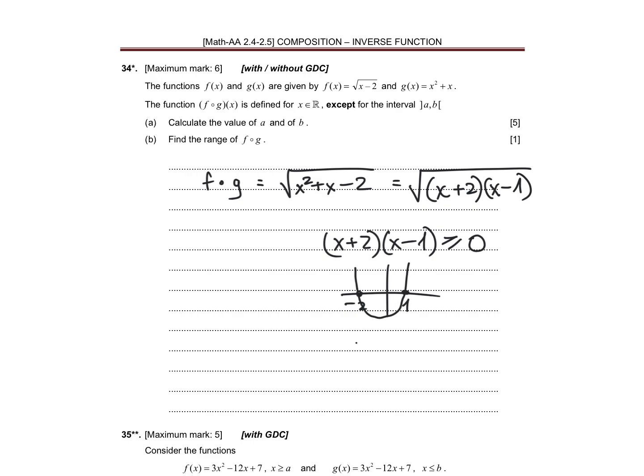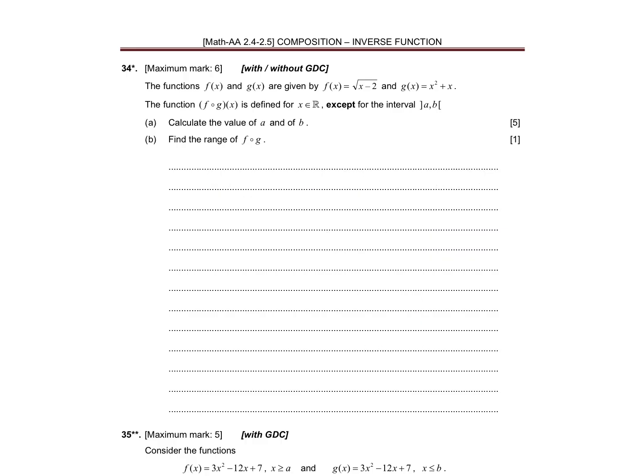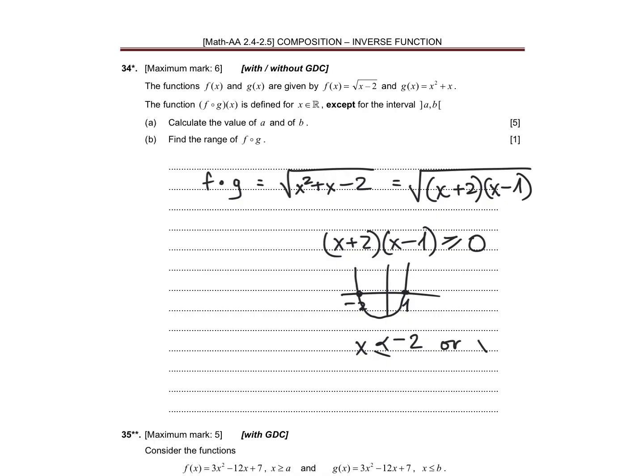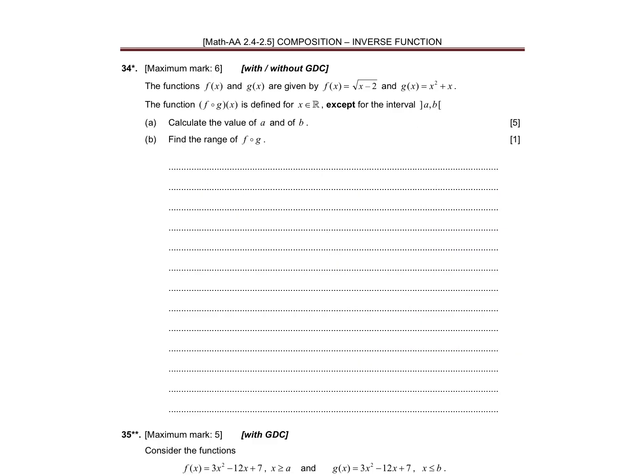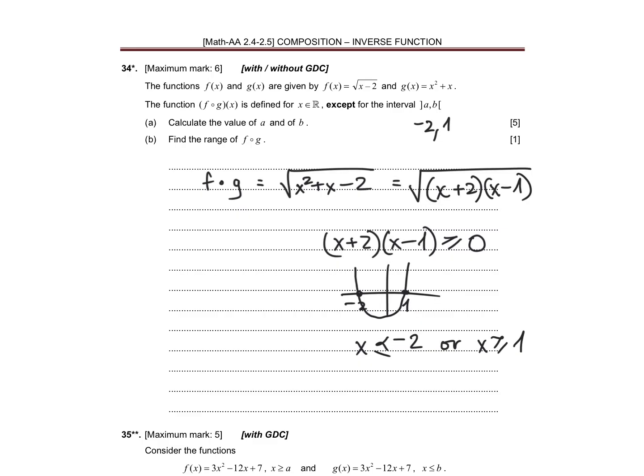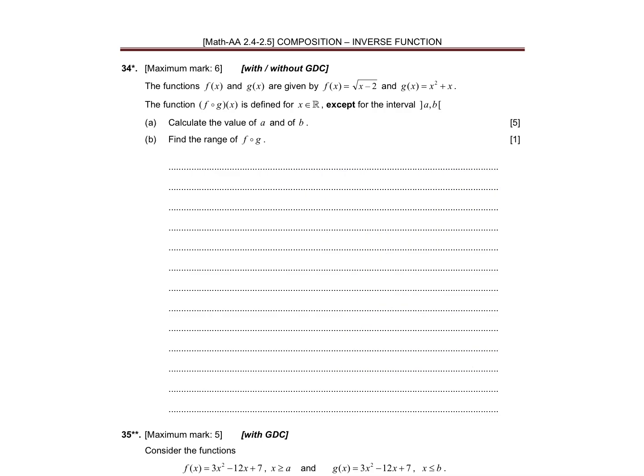And it's greater than or equal to 0 when x is less than or equal to negative 2, or greater than or equal to positive 1. So it's defined everywhere except between negative 2 and 1, and this means that negative 2 and 1 are included in the domain, okay?